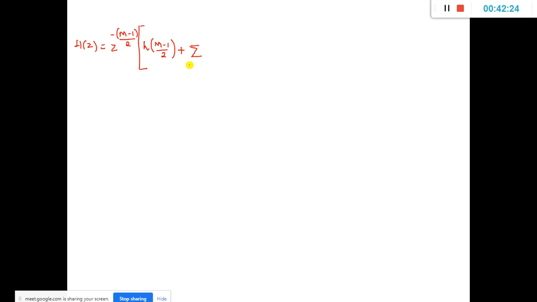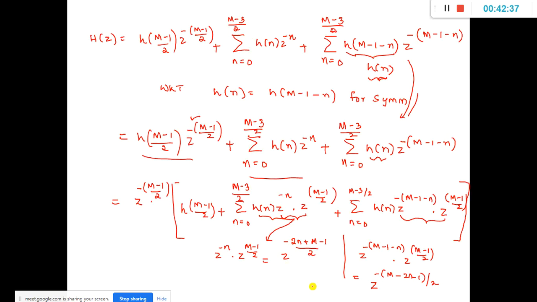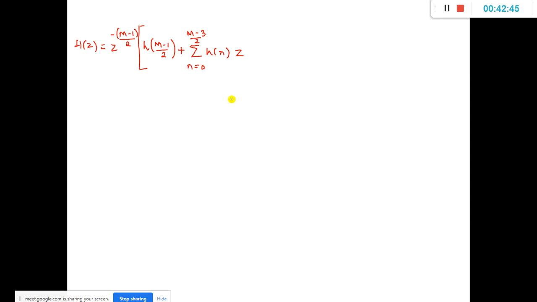plus summation n ranging from 0 to m minus 3 by 2 h of n into z to the power of, so I can write this as m minus 1 minus 2n divided by 2, plus summation, again it is also from 0 to m minus 3 by 2 h of n.